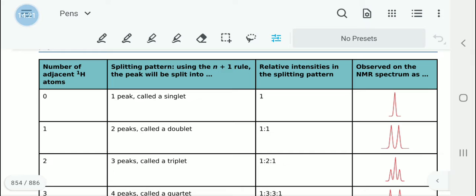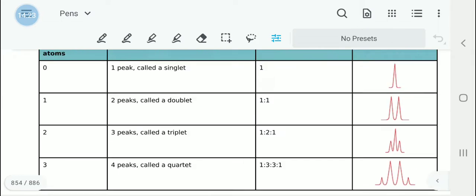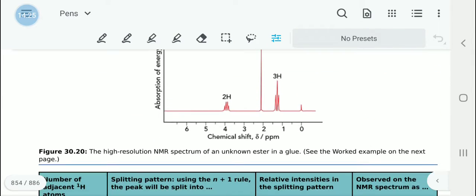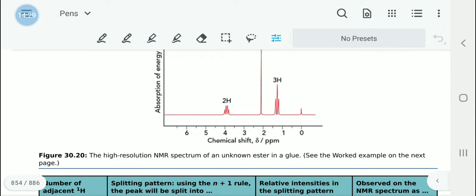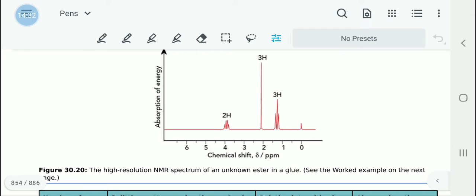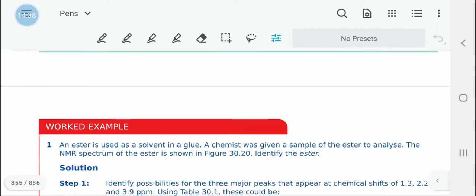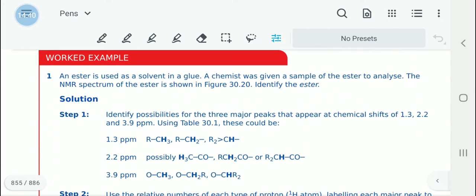Now, as you can see here, this high resolution NMR spectrum is of an unknown ester in a glue. So if we look at the worked example, then we will be able to understand it. An ester is used as a solvent in a glue. A chemist was given a sample of the ester to analyze.